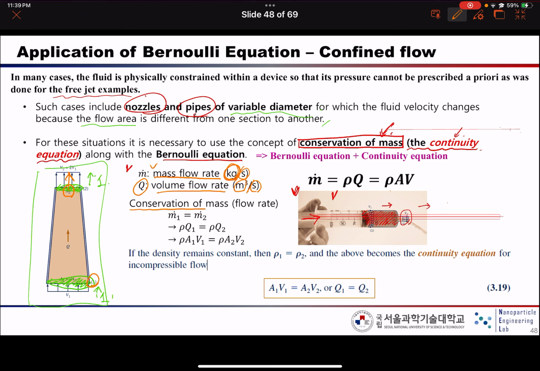The conservation of mass means M1 and M2 should be identical, which means density times volume flow rate and density times volume flow rate should be identical.